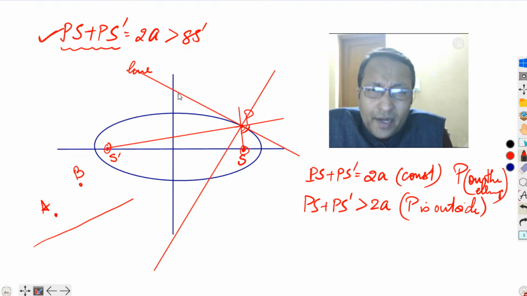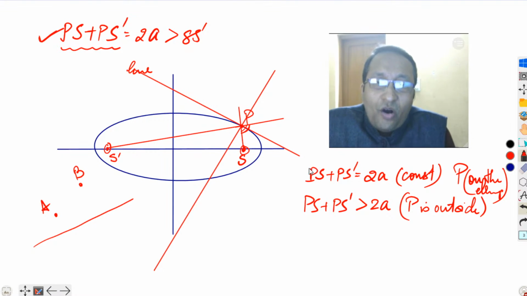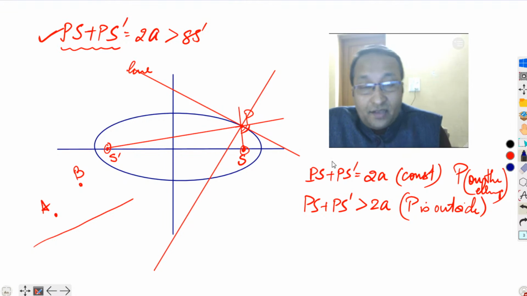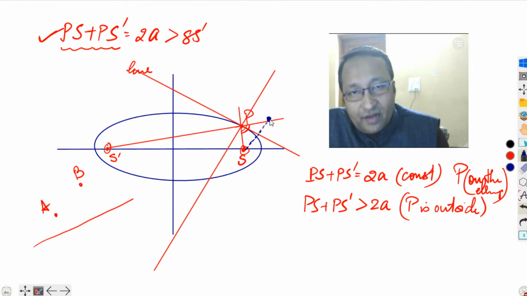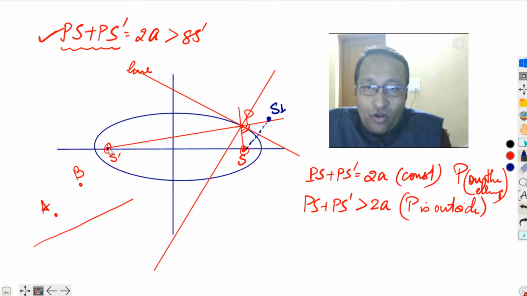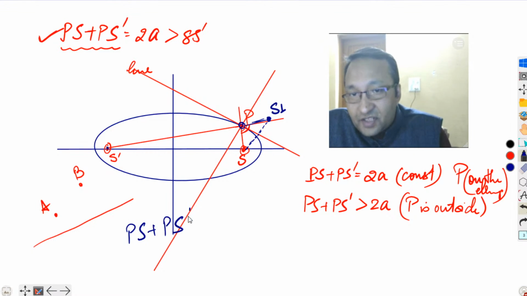How would you find a point P on the line such that PS plus PS dash is minimum? The answer is we would draw the image of S about the tangent. Wherever this image goes, say S1, when I join S dash to S1, that particular point P will give me PS plus PS dash minimum.